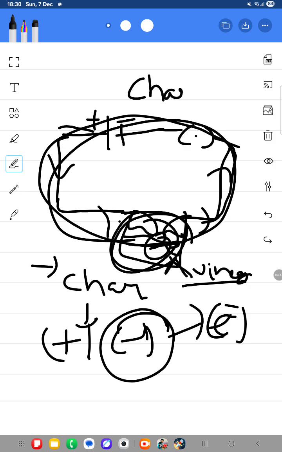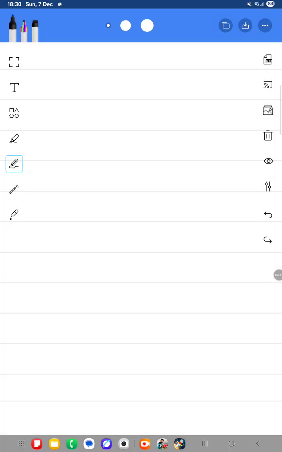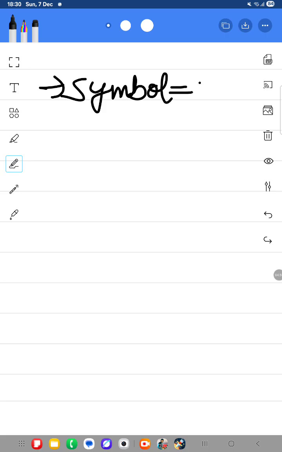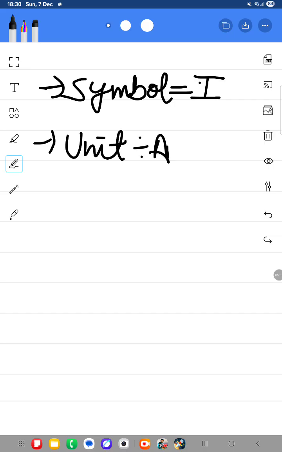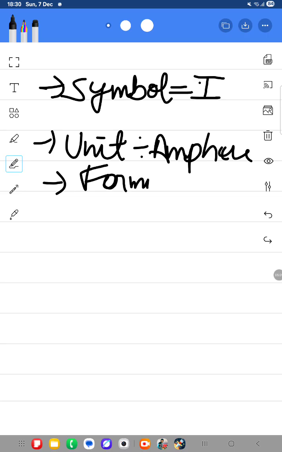So first we write the symbol of electric current, it is I. Its unit is ampere. And its formula is I equals q upon t.